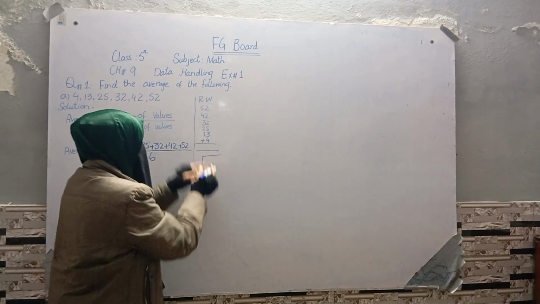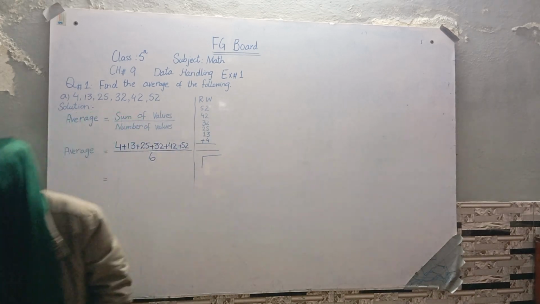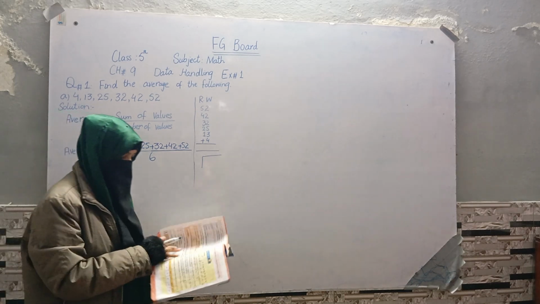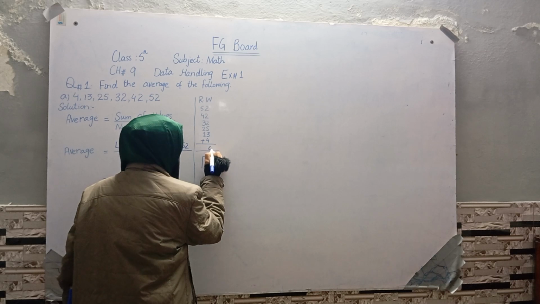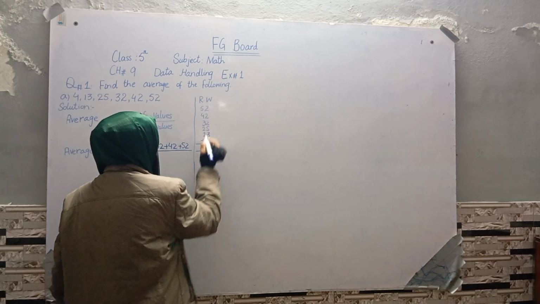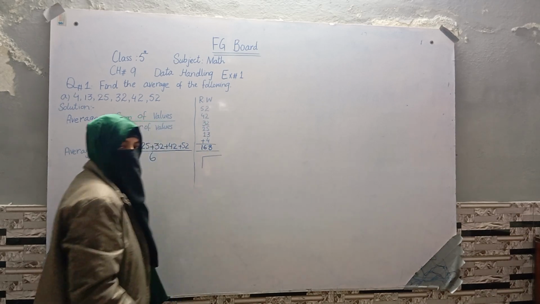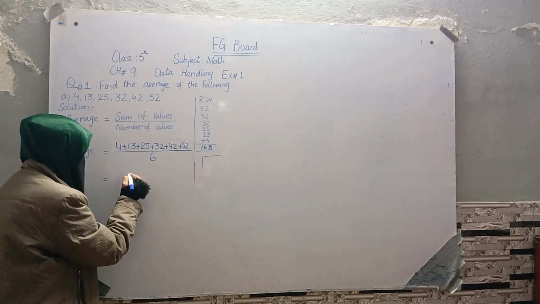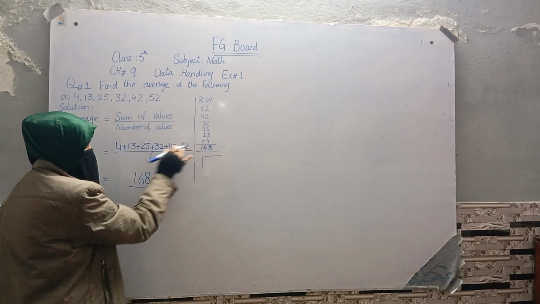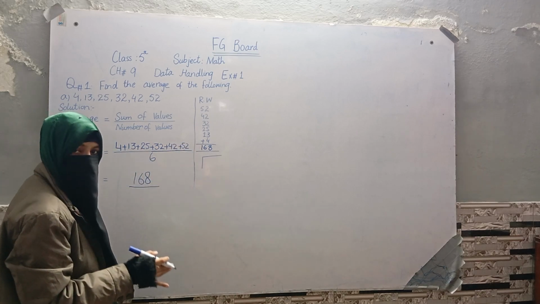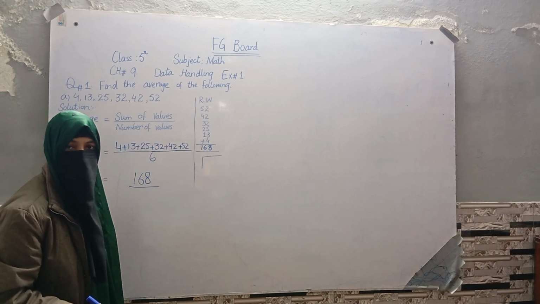So you add all the values. The answer of the addition is 1, here I write the 8, and the total value sum is 160, here I write 168. After addition of all the values, we get 168.